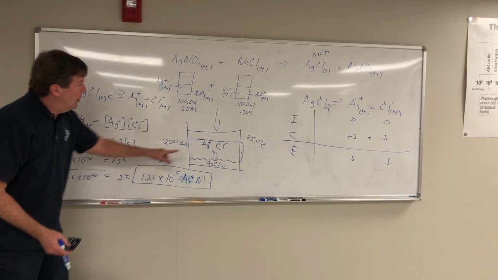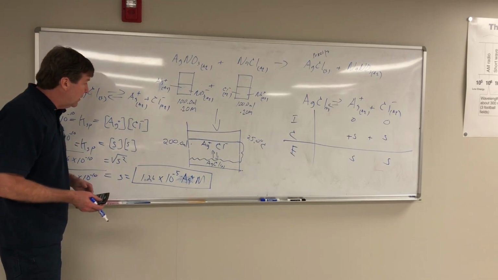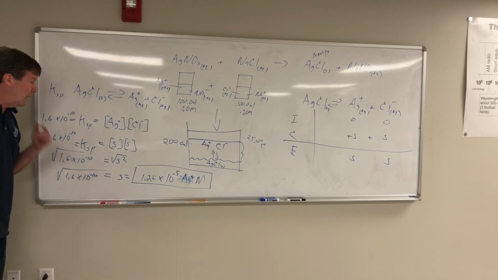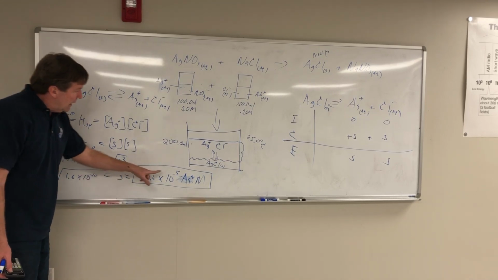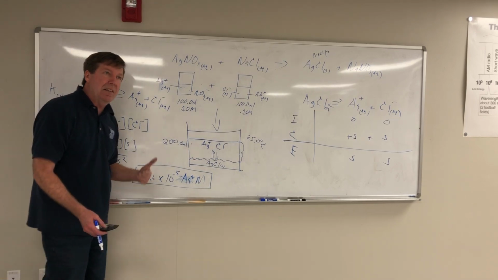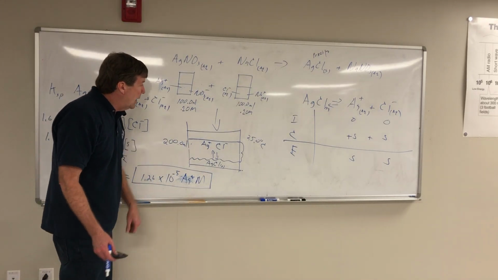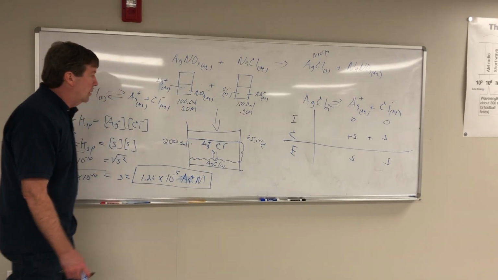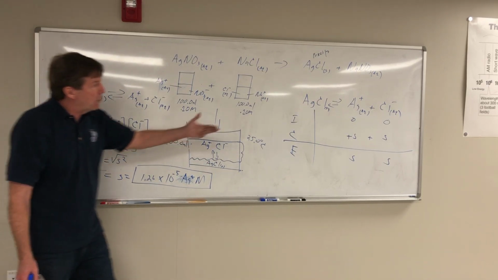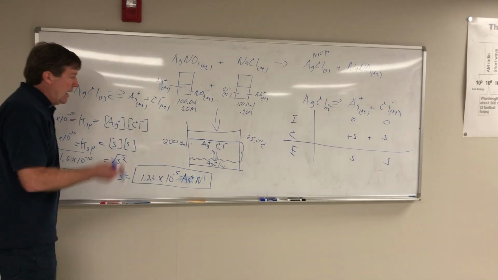So how much of this ion is dissolved in solution under these conditions? The math is pretty straightforward here. It looks like there is 1.26 times 10 to the negative fifth moles per liter of silver ions floating around in that solution. Notice there's an equal amount, because S is the same for both, of chloride ions floating around.